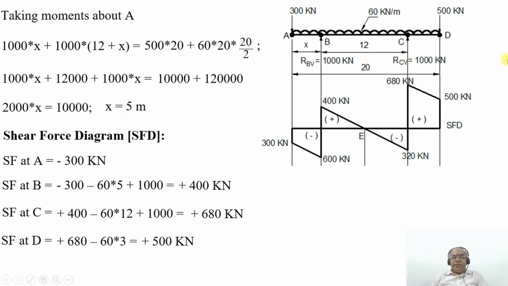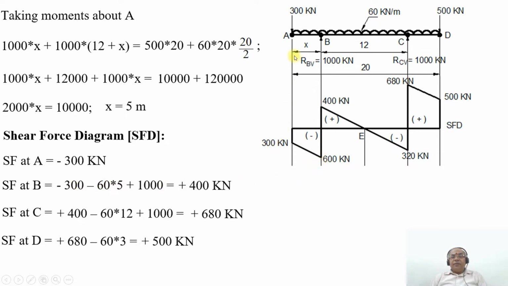So how do we write the shear force diagram? SF at A is minus 300 kilonewton. At B, we have the UDL and also the point load acting upwards. So SF between A and B is minus 300 minus 60 into 5, equal to minus 600 kilonewton.